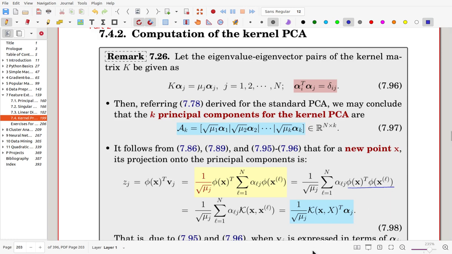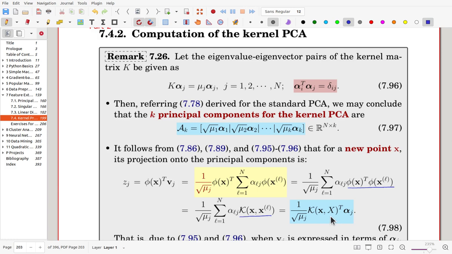That one is a dot product of the expanded points. Rather than that, we may use a kernel function such that that portion can be replaced by k, the kernel function of x and x l. The kernel function takes 2 points as input and produces a value. In matrix structure, we can write it in this way.